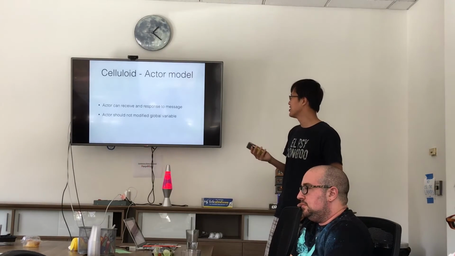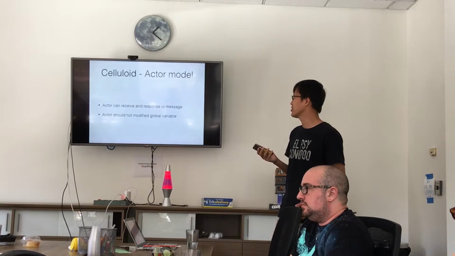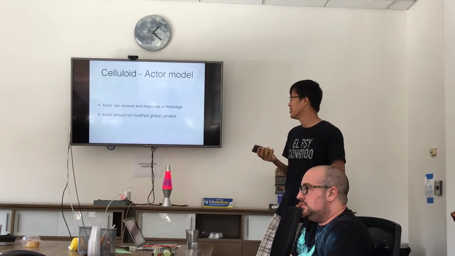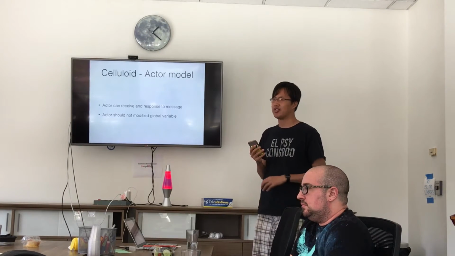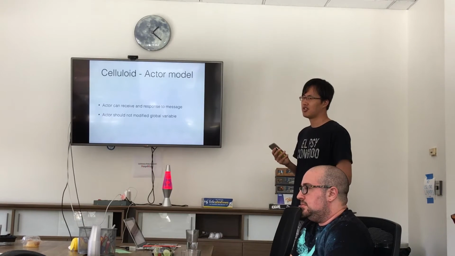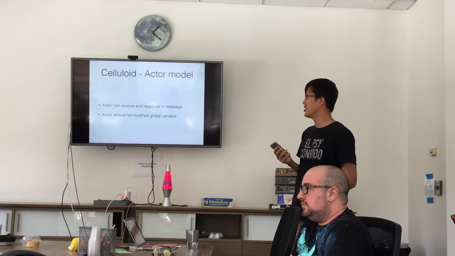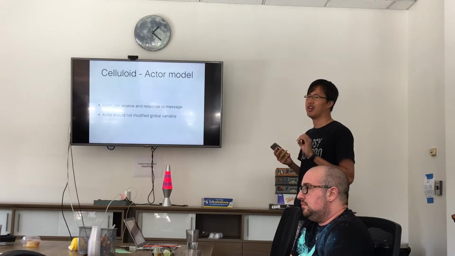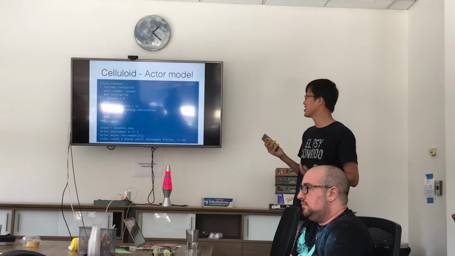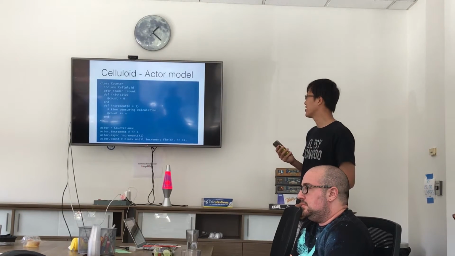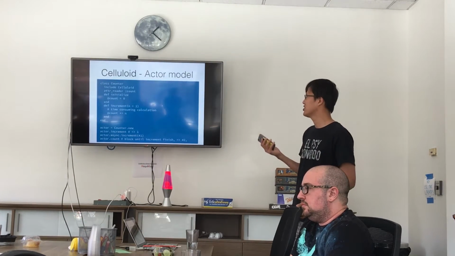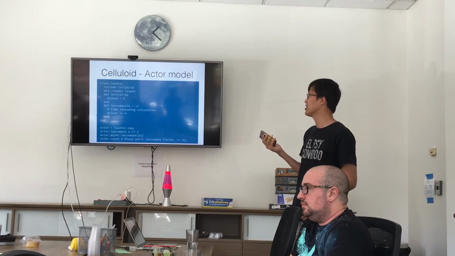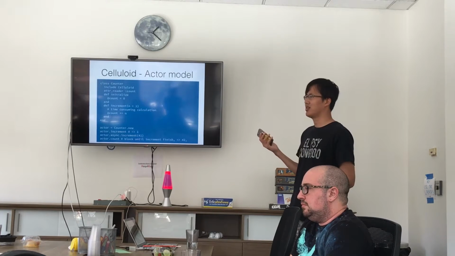Celluloid is a little bit trickier, using the actor model. An actor is something that can receive and respond to messages. For an actor, you shouldn't modify global variables; you should only communicate with messages. This is an example of a Celluloid counter, an object-based counter. When you include Celluloid, I believe it automatically implements an async method on all methods.